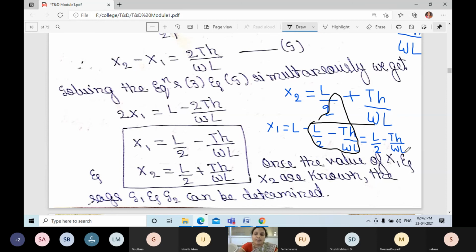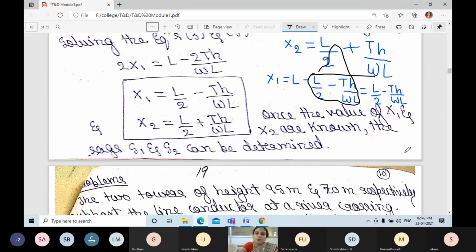Now we know x1 and x2, the two unknowns, so we can easily find out sag S1 and S2. This is what is different, that is supports at unequal level. To find out S1 and S2, we have calculated x1 and x2.